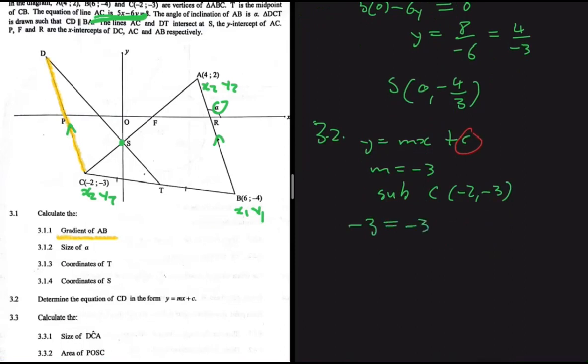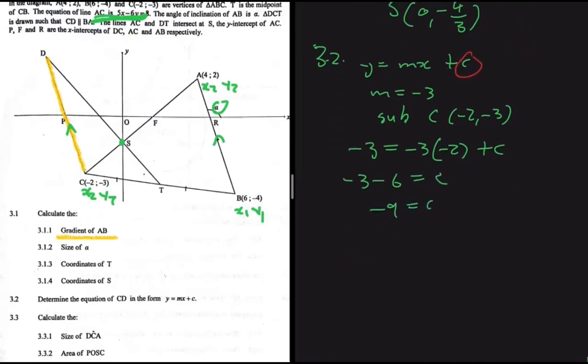So we have minus 3 times x, which is minus 2, plus c. So we have minus 3 minus 6 equals c, right? So minus 9 equals c. So the equation is now y equals minus 3x plus c, and c is minus 9.